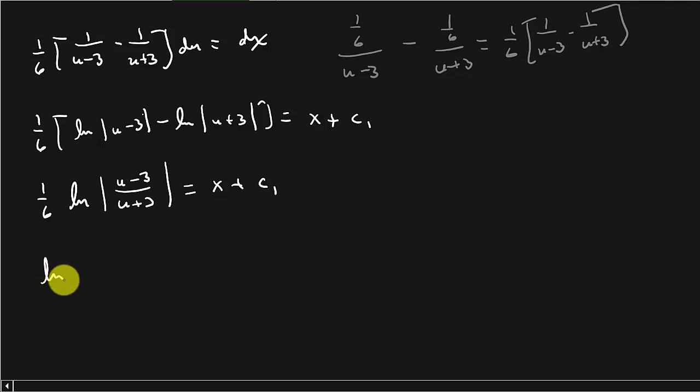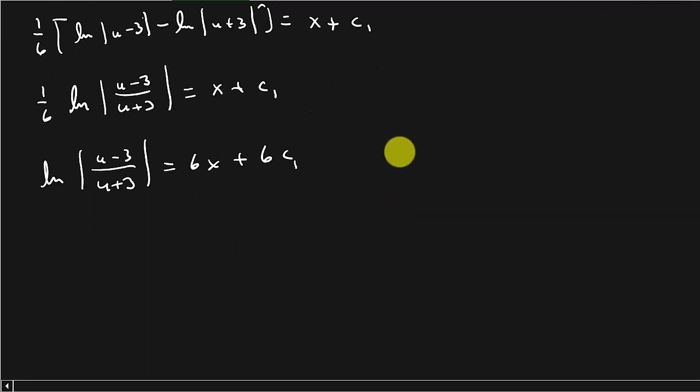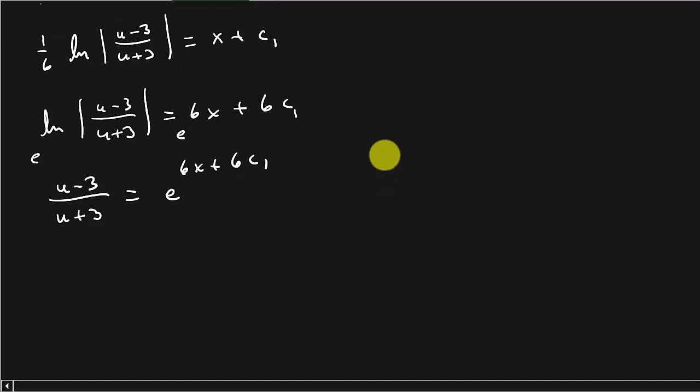And so I get natural log of u minus 3 over u plus 3 equals 6x plus 6c1. And so let's get rid of the natural log. So that's going to be u minus 3 over u plus 3 equals e to the 6x plus 6c1. I just put the e as the base on both of those.